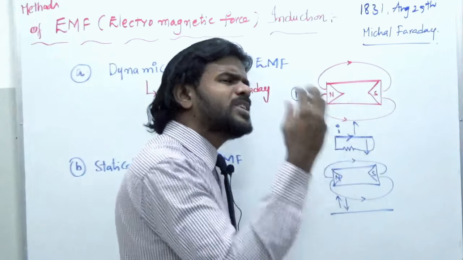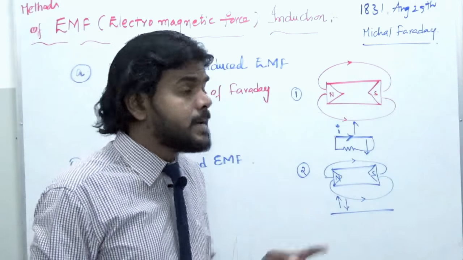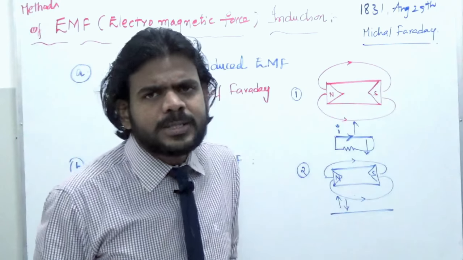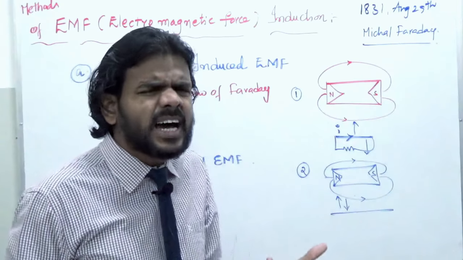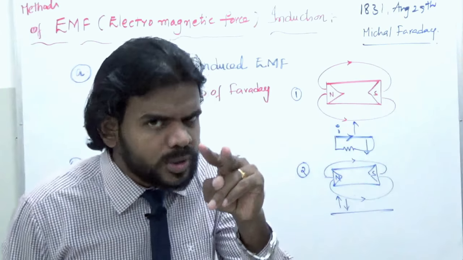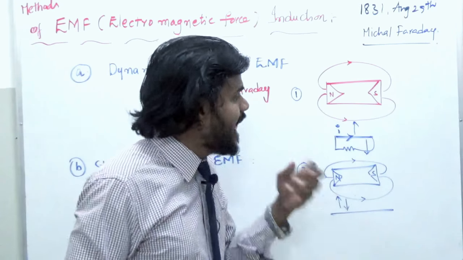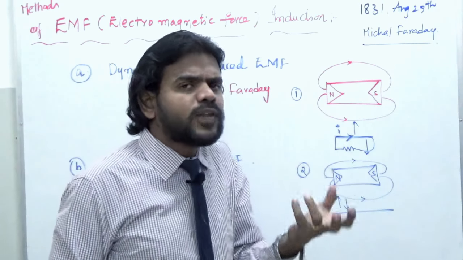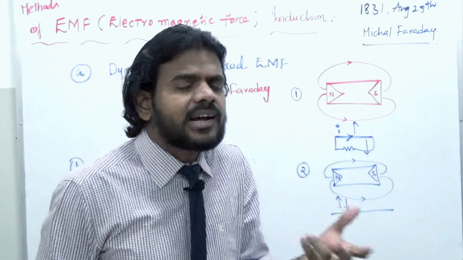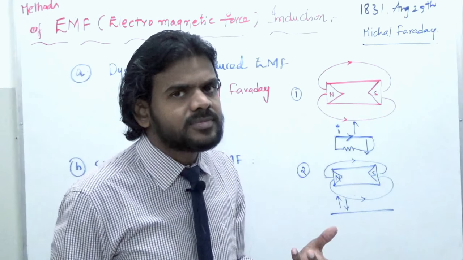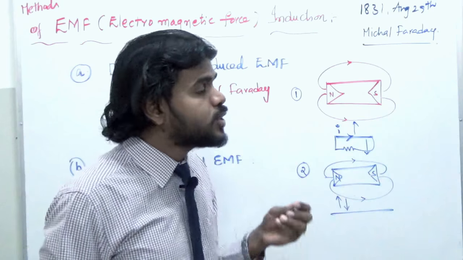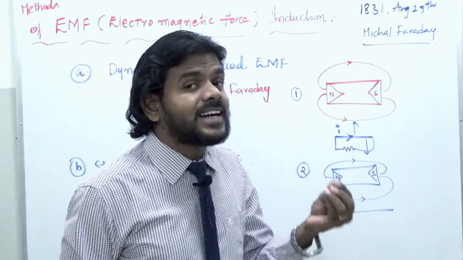Now which machines have the conductor in movement? All machines have a stator and rotor, right? So which type of machine has the conductor on the rotor? Simple, the conductor rotating.